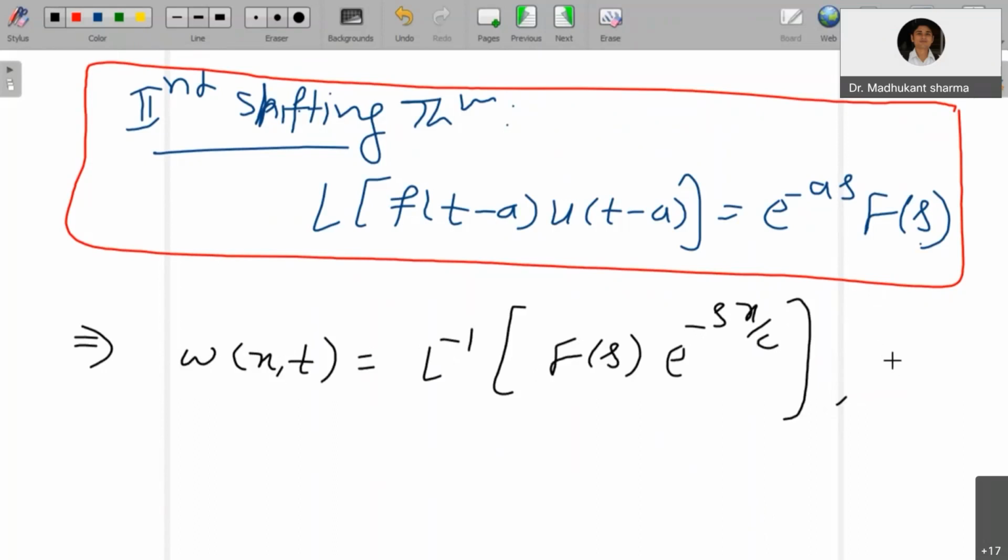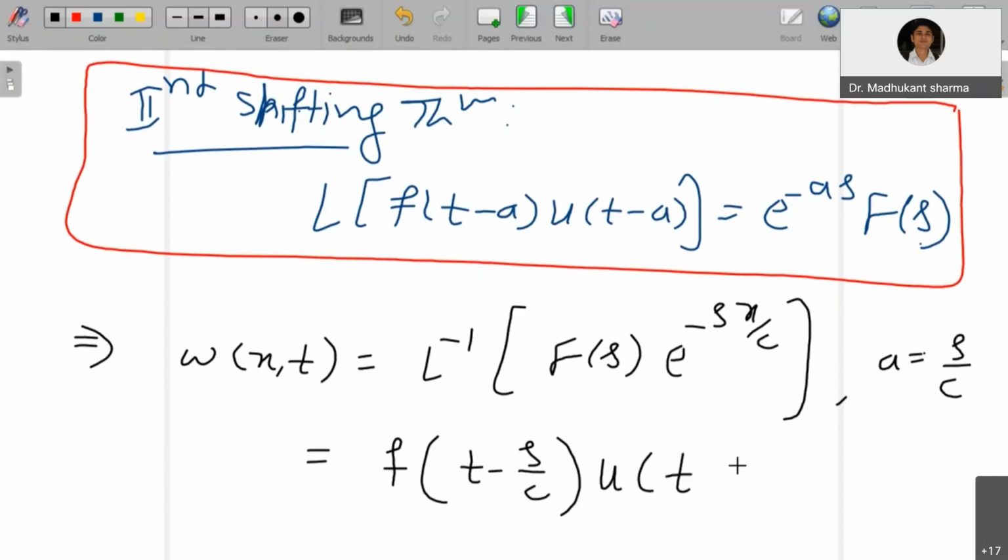So if a is equal to x by c, then this is equal to f of t minus x by c times u of t minus x by c. This is x by c. You know the definition of f of t now, that is sine t.